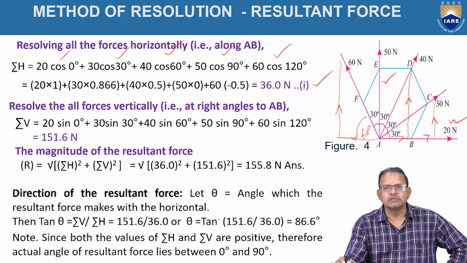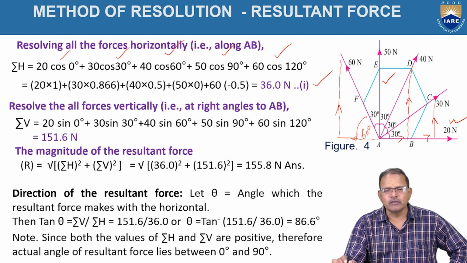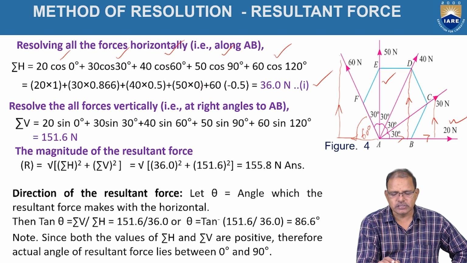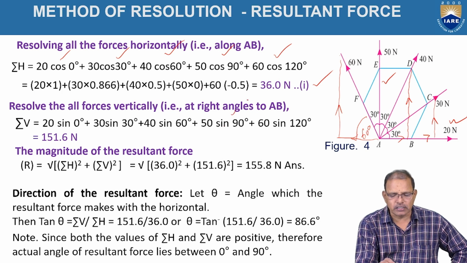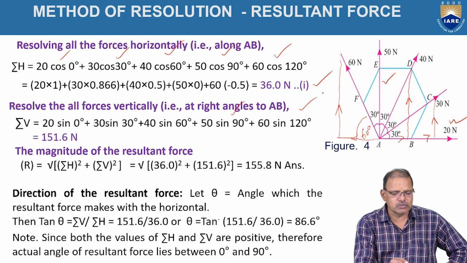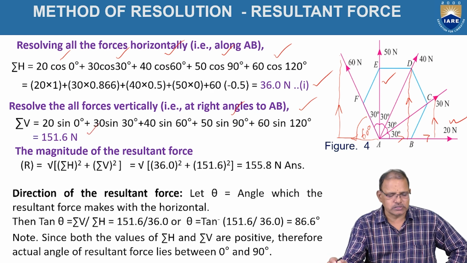Similarly, resolve the forces vertically, that is, at right angles to the horizontal AB. All are moving in upward directions, hence all the forces are treated as positive. 20 into sin 0, 30 into sin 30, 40 into sin 60, plus 50 into sin 90, plus 60 into sin 120 now, which is equal to 151.6 newtons.